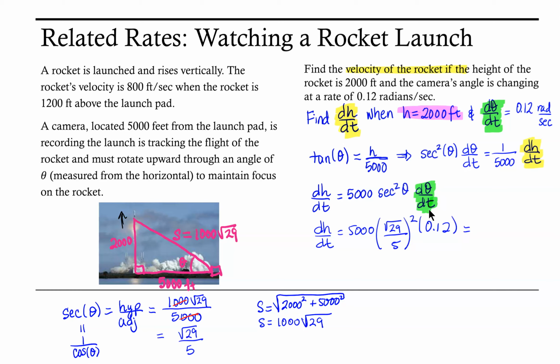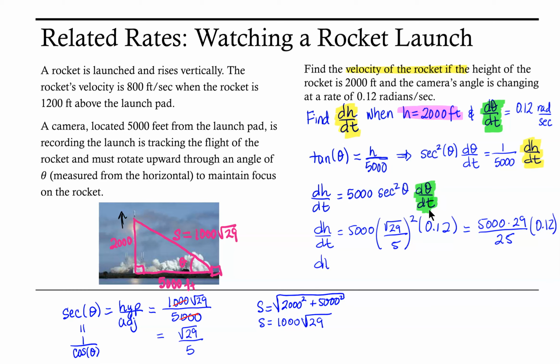Now, let's expand that a little bit. We'll get 5,000 times, now the square root of 29 squared will just give us a 29, over 25, 5 squared is 25, and then we need to multiply that by 0.12.